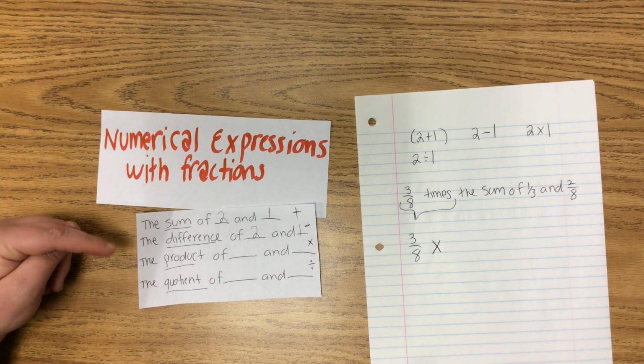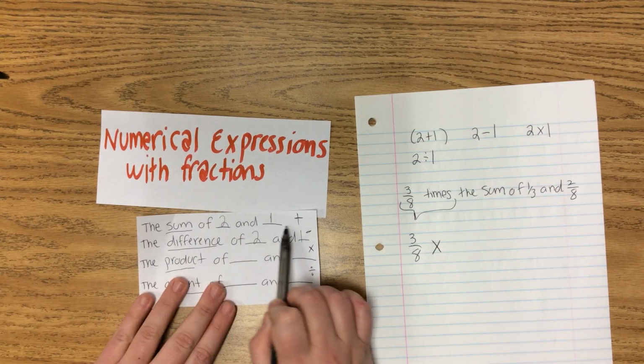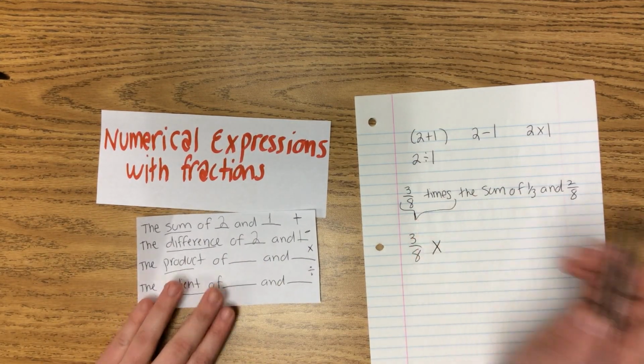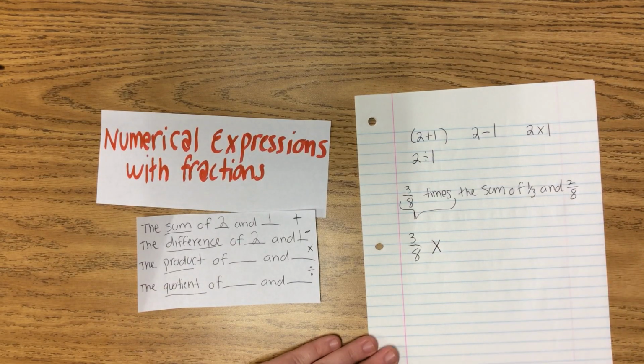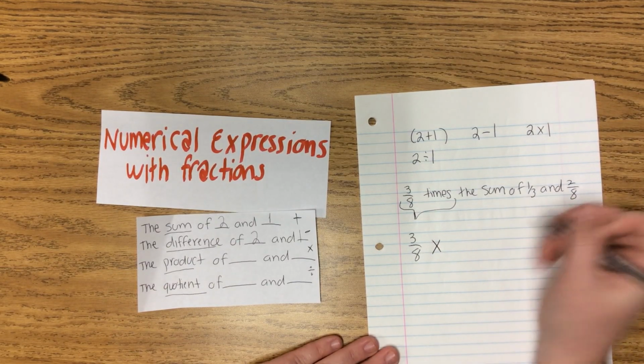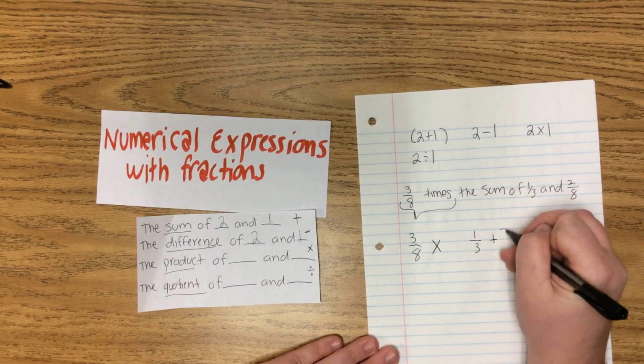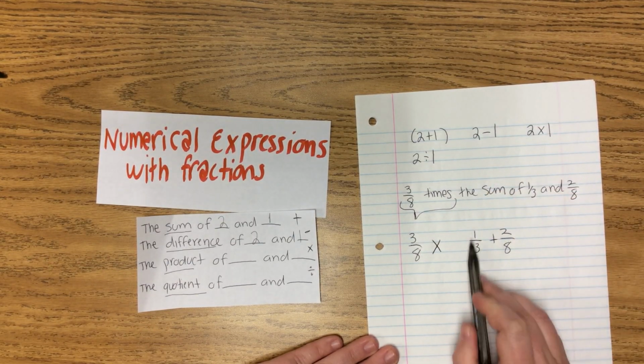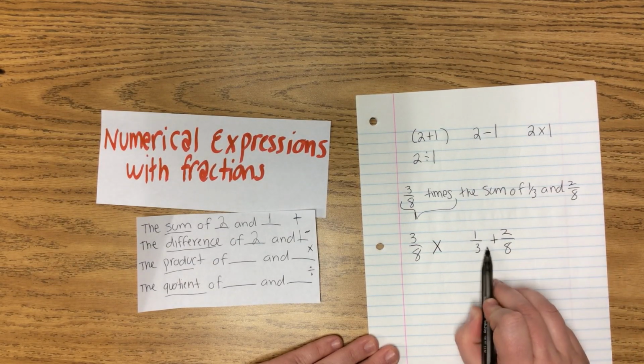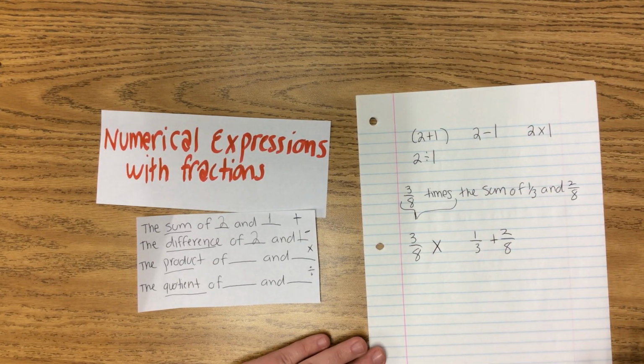Well, looking at my example, we did the sum of 2 and 1 written as 2 plus 1. So the sum of 1/3 and 2/8 should be able to be written as 1/3 plus 2/8. The sum of 1/3 and 2/8, 1/3 plus 2/8, it looks right to me.